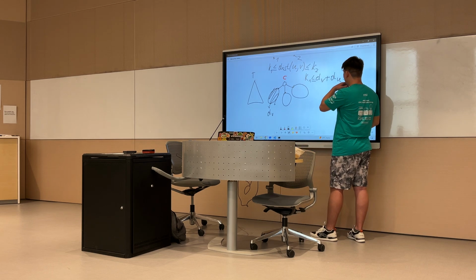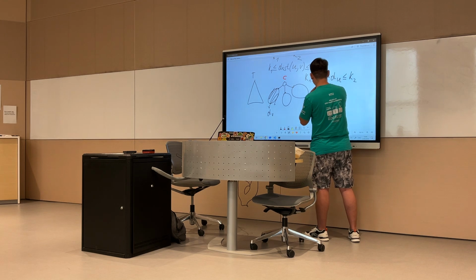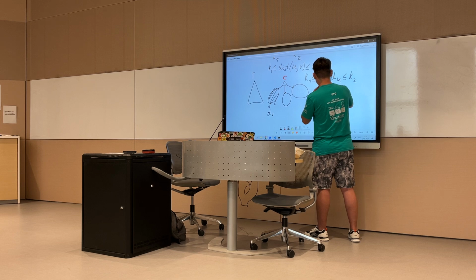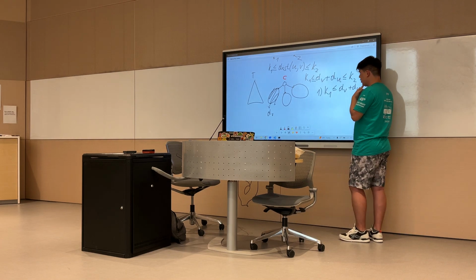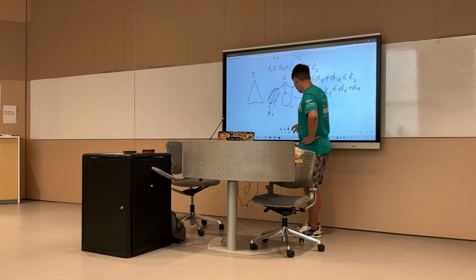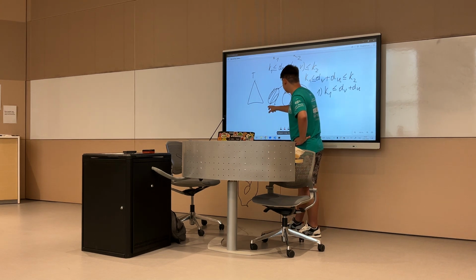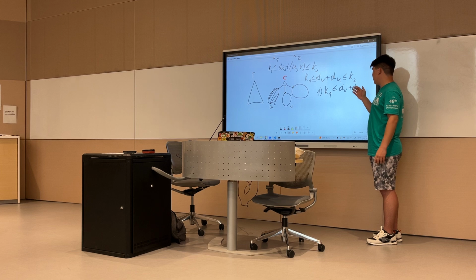Okay, we have two requirements. The first requirement is that k1 ≤ dv plus du. Because we know vertex v, we need to count how many vertices u in the first subtree make dv plus du at least k1.